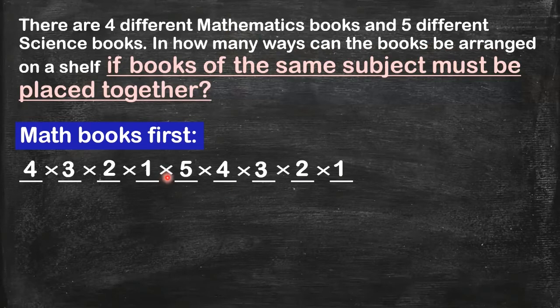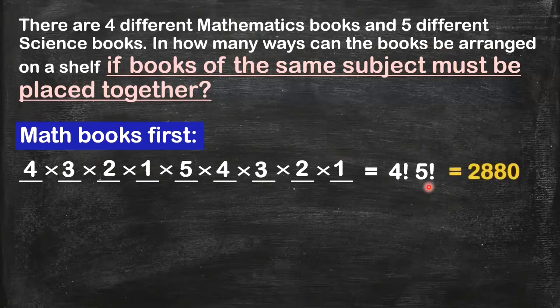If you check, it's 4 factorial times 5 factorial. Itong 4 factorial, ito yung para sa math books. Itong 5 factorial, this one is for the number of arrangements of science books.